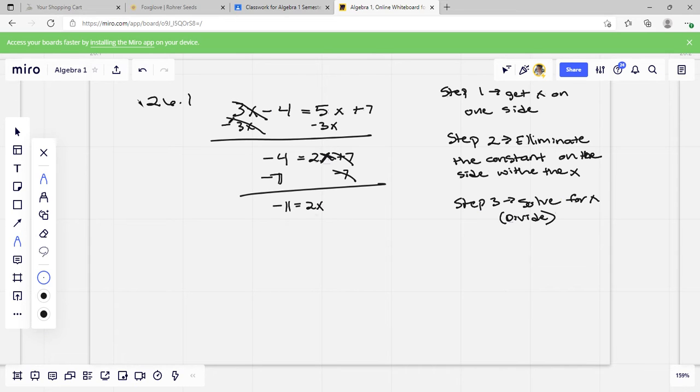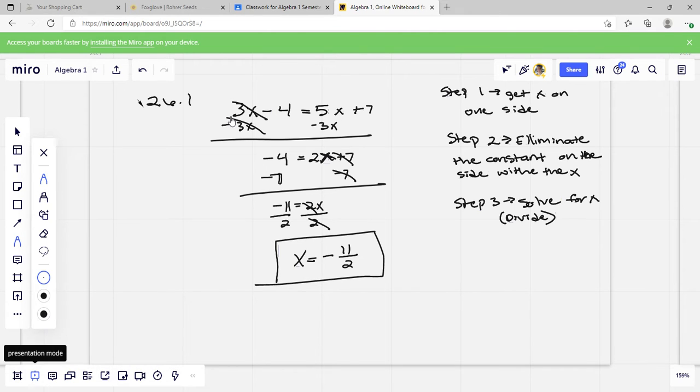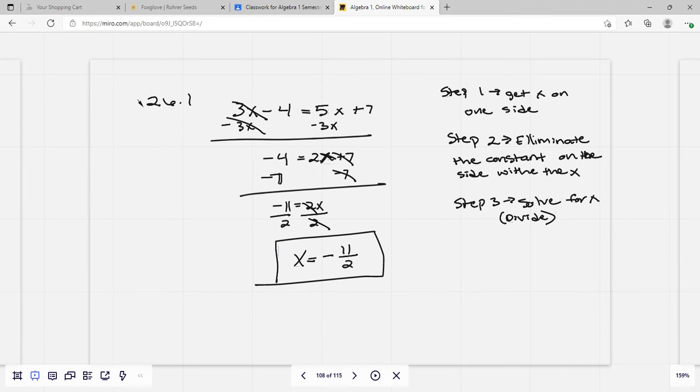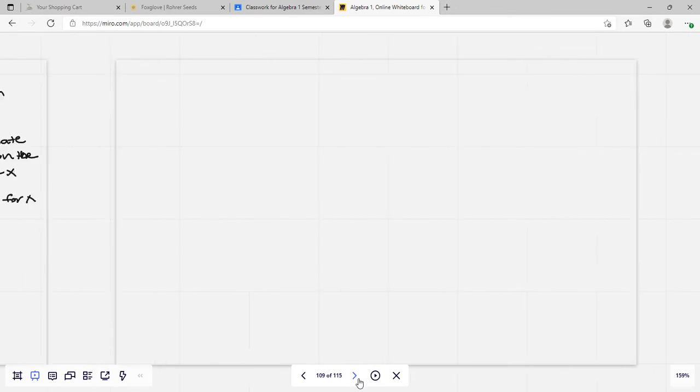This is 2 times x, so we have to do the opposite of that, divide by 2. And our answer is x equals negative 11 over 2. All right, let's try another one.